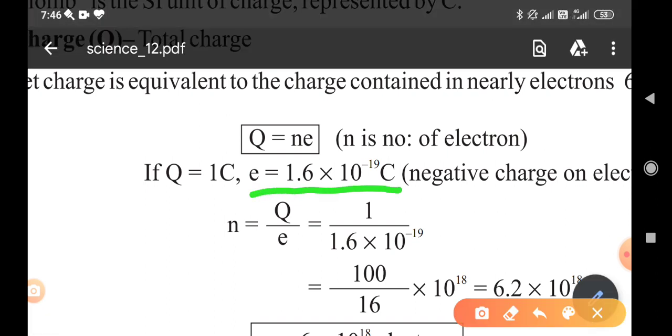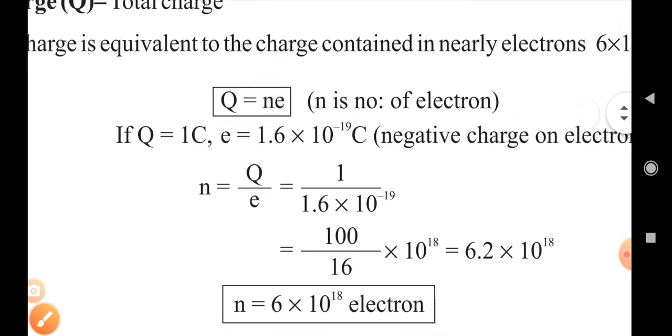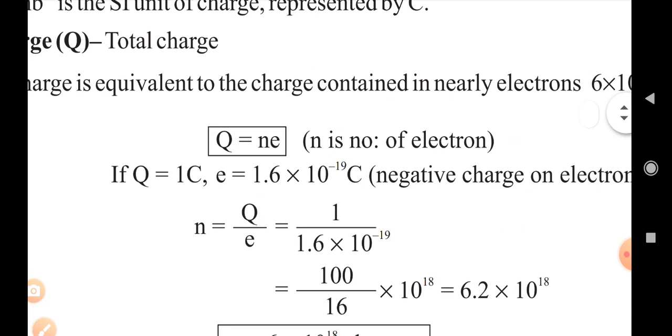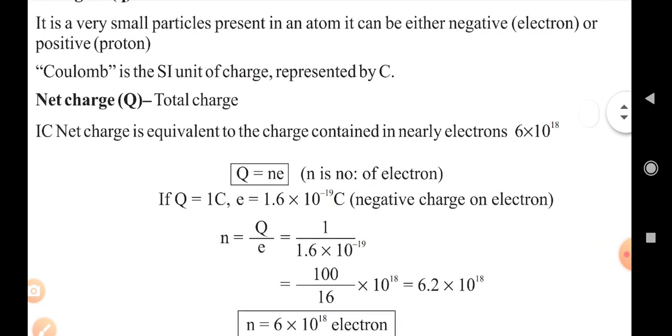One electron has a charge of 1.6 into 10 to the power minus 19 Coulomb. So we can say that 1 Coulomb of net charge is equivalent to the charge contained in nearly 6 into 10 to the power 18 electrons.